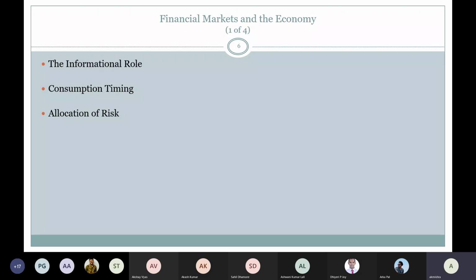Now, whenever we talk about creating a portfolio, it cannot be created in isolation. A portfolio will be created within the market and in a given economy. And whenever we talk about any financial market, the first thing that comes to mind is information. Why?